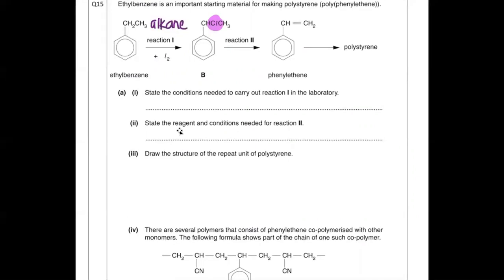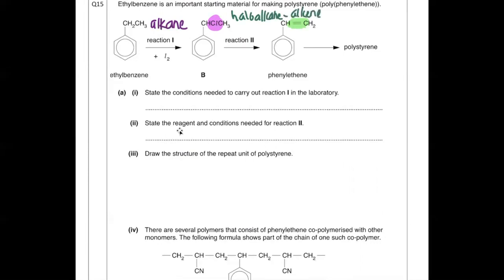Okay. Reaction 2, again, the change is being made here. You go from a halogenoalkane to an alkene. Okay, so this is the reaction of a halogenoalkane to alkene. Yes, you have to look at your notes. Haloalkane to alkene.